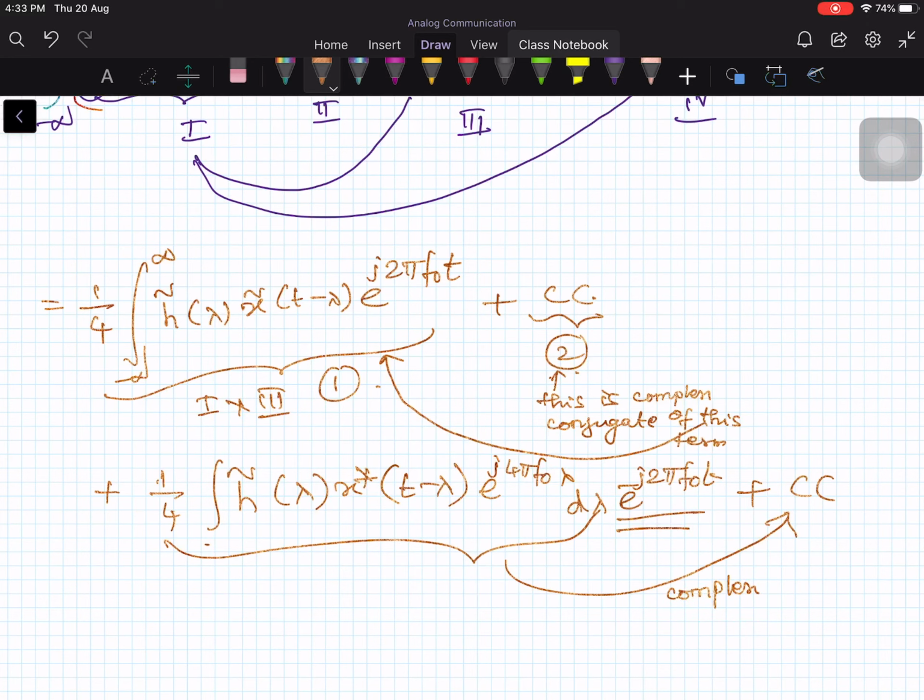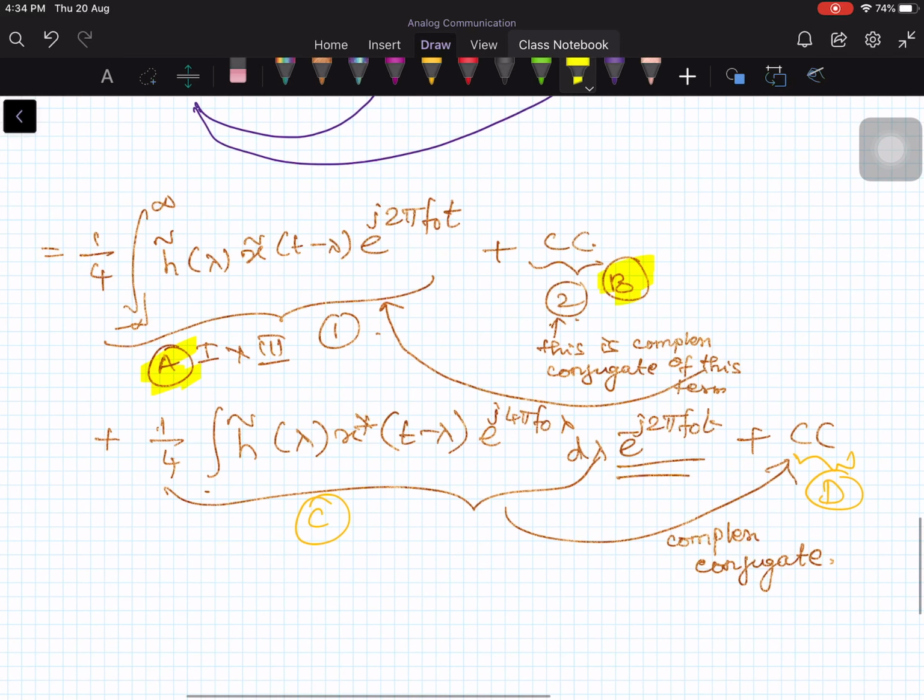So I am using different notation. Let me call this A, this one B, this one the C term, and this the D term. The D term is the complex conjugate of the C term, and the B term is the complex conjugate of the A term.